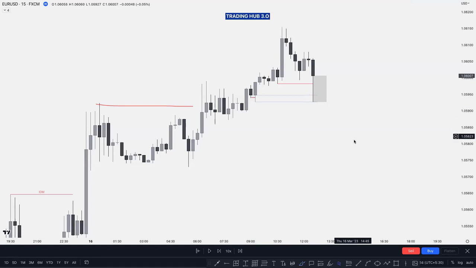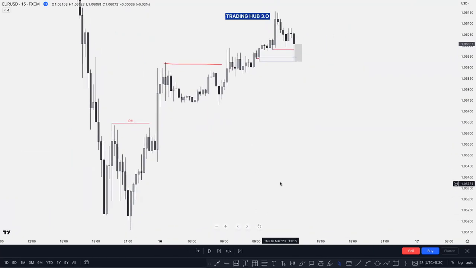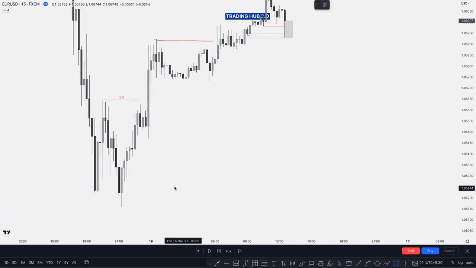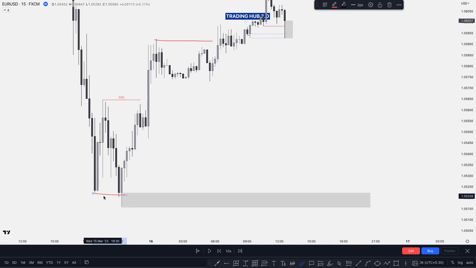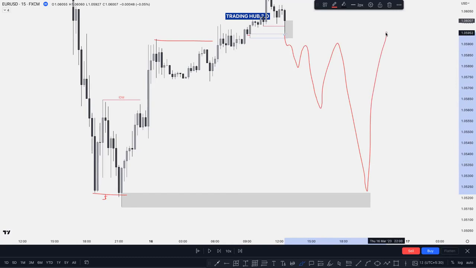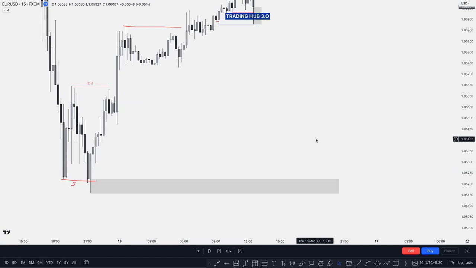Because you have another POI here at the bottom of the structure, where this one is. Because this structure taken out the liquidity, market can be pushed downside before continue go higher. So this is the first POI and this one is the next POI here.